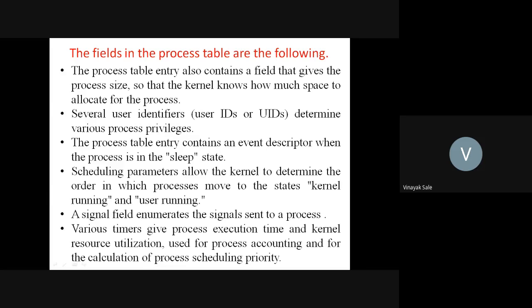Then the signal field enumerates the signals sent to a process. Various timers give a process's execution time. Kernel resource utilization is used for process accounting and for the calculation of process scheduling priority.